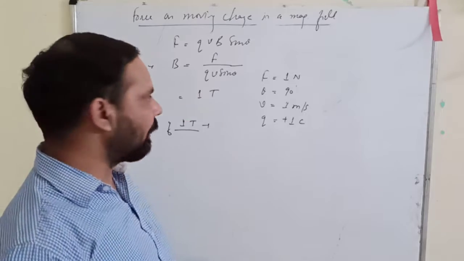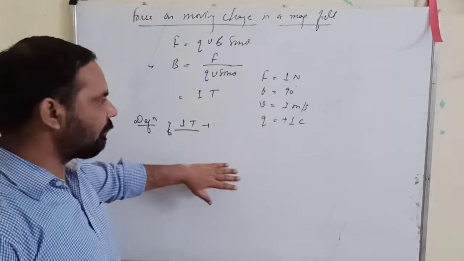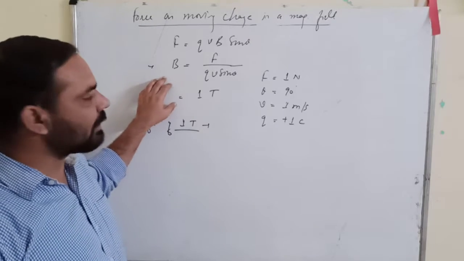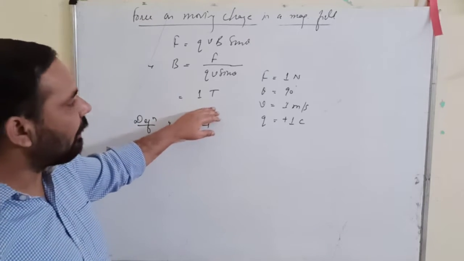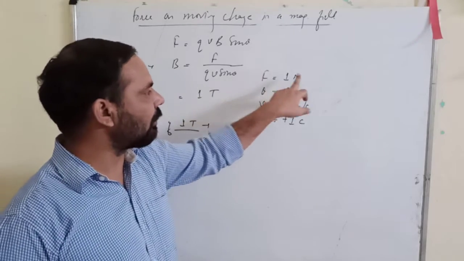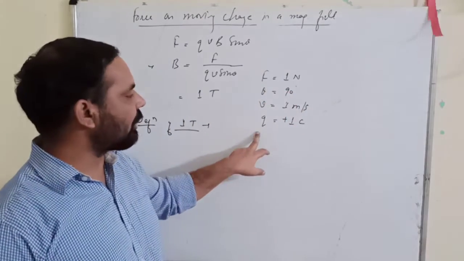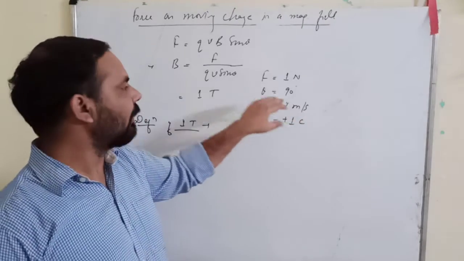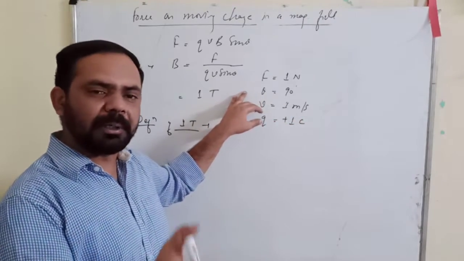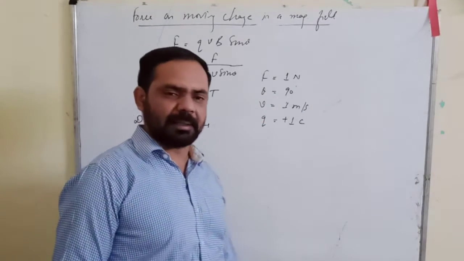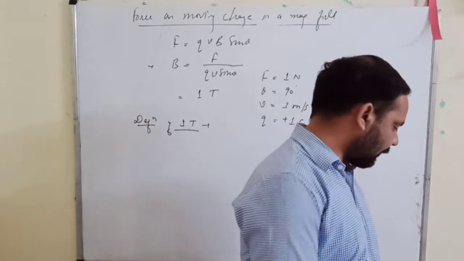Once again I am repeating, you have to involve all these conditions in your definition. The magnetic field strength at a point is said to be 1 Tesla if it exerts a magnetic Lorentz force of 1 Newton on a charge of 1 coulomb moving with a velocity of 1 meter per second in a direction perpendicular to the direction of the magnetic field. That will be the definition of 1 Tesla magnetic field.